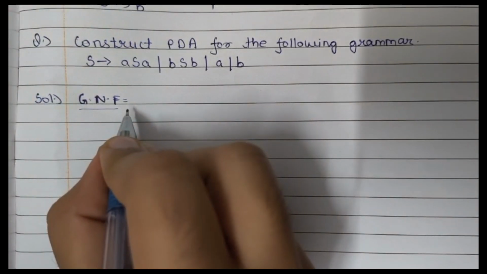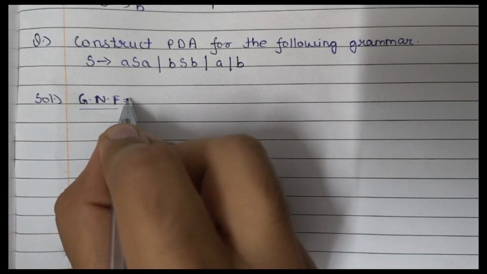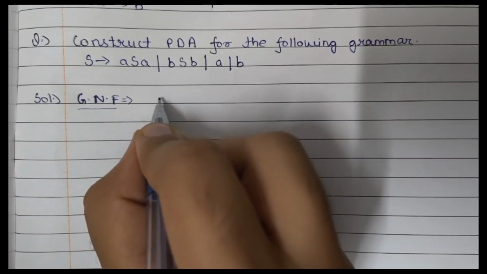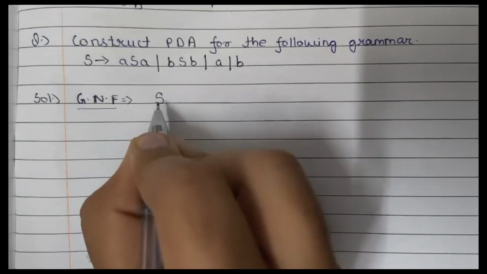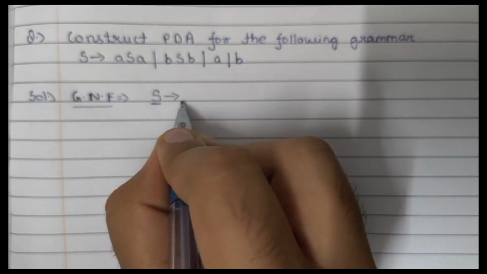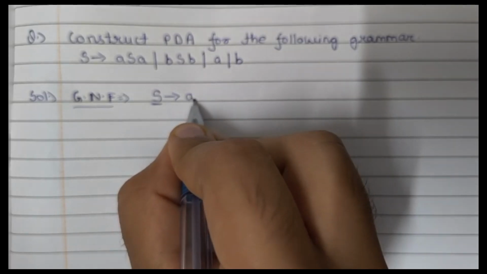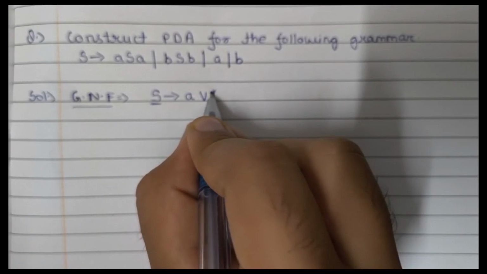So how to understand if the grammar is in GNF or not? For that we should have the rule which says a non-terminal, which is denoted by a capital letter, should always produce a terminal and then any number of variables, or non-terminals.